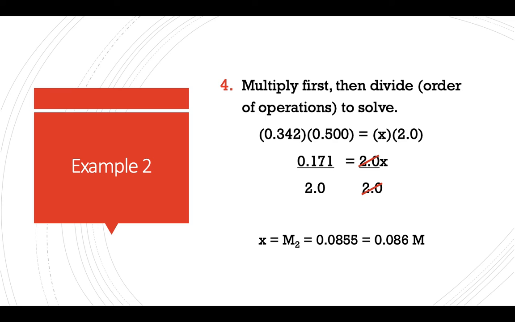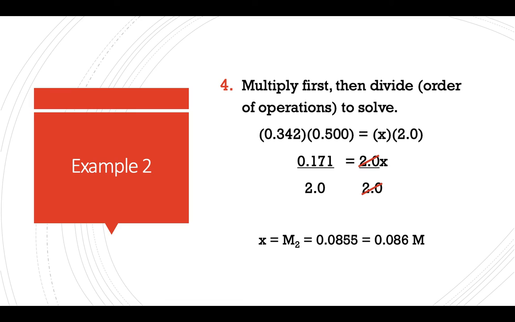However, the value 2.0 liters only contains 2 significant figures. So I'm going to round this answer to 2 significant figures. My calculated answer of 0.0855 is going to be rounded to 0.086 molar. So the concentration of my diluted solution is 0.086 molar sodium chloride.